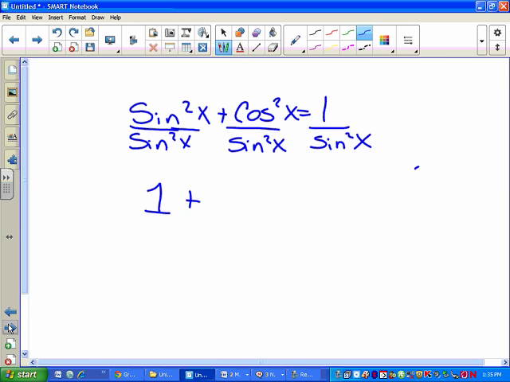So with that in mind, the cosine squared x over sine squared x is the same as the cotangent squared of x. And 1 over sine squared would be the cosecant squared of x. So there's another identity. 1 plus cotangent squared x equals cosecant squared x.